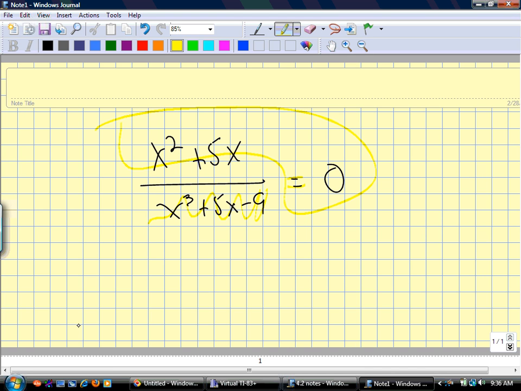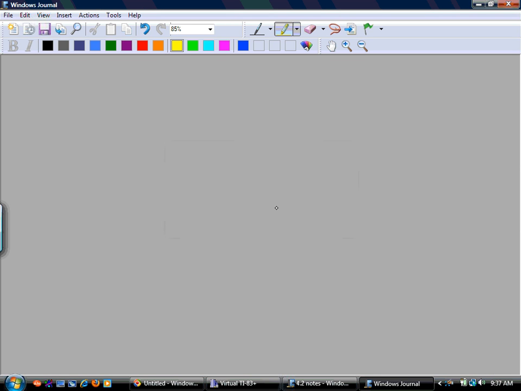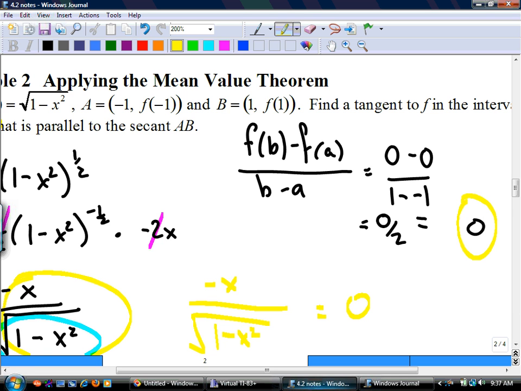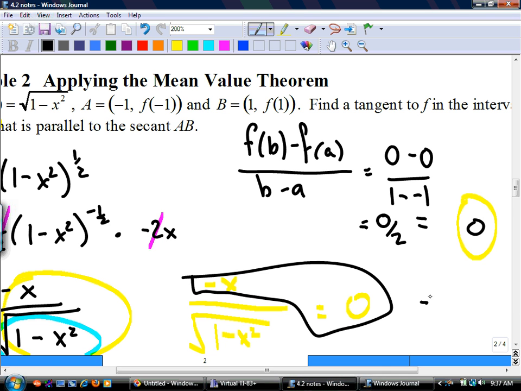I was the kid in class that did this. I just got rid of the denominator. Multiply both sides by it, I got the right hand side. No problem. So all we're interested in is negative x equals 0. Therefore, x equals 0.